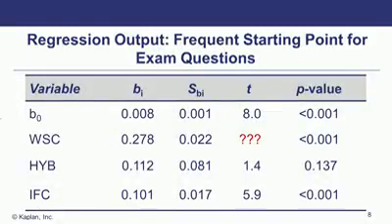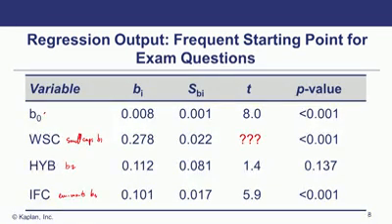Okay, so going back to our Fung and Hsieh example of hedge funds, they've got the intercept, they've got Wilshire, which is small caps, so that's our B1. High yield bonds is our B2, and IFC is our emerging markets, so that is our B3.